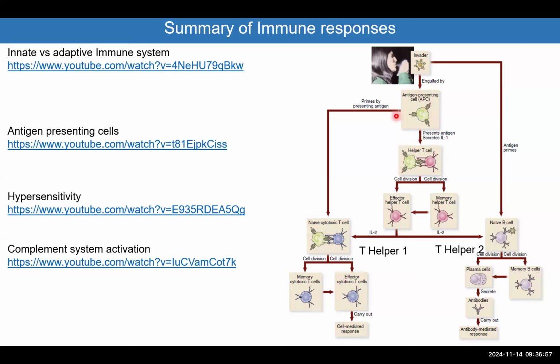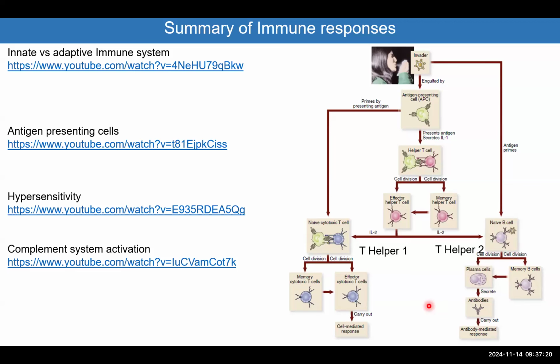And then it will go to these two routes. After 10 days maximum, you will get antibodies, and the antibodies will be generated against that small piece of the virus. You will have a B cell that becomes memory and one B cell that generates these antibodies.